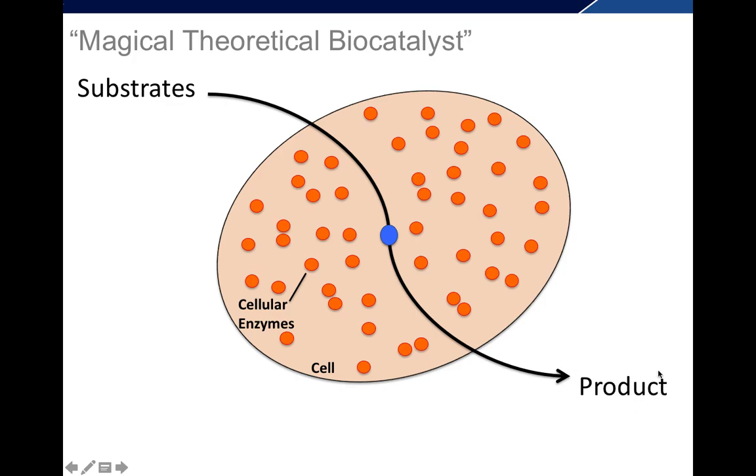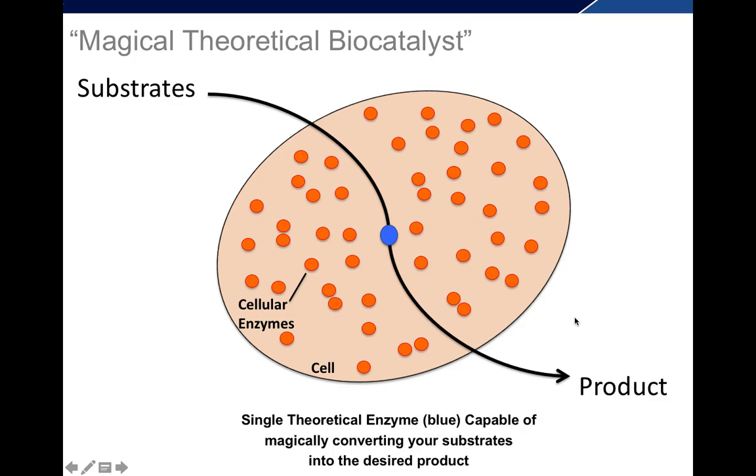So if this was, for example, a monoclonal antibody, this would be the ribosome, right? So this is the catalytic machinery that makes your product, even if your product is a protein. So the single theoretical enzyme in blue is capable of converting magically all your substrates into the desired product, right? This helps with yield calculations as well as rate calculations.